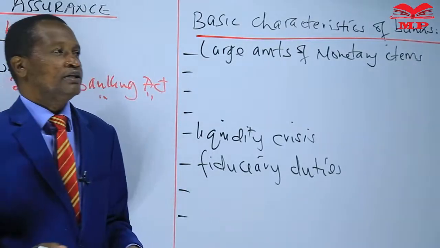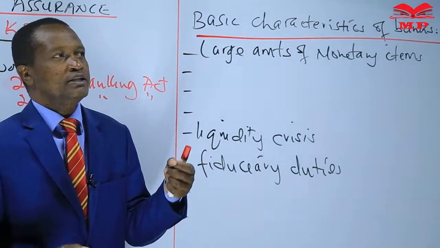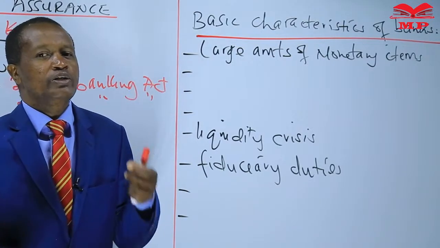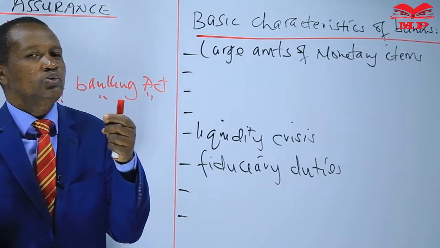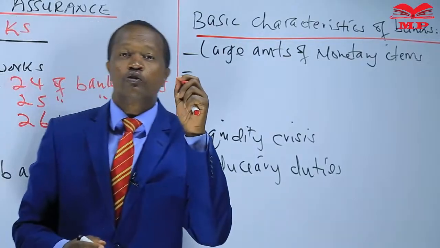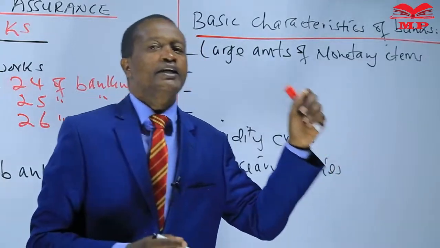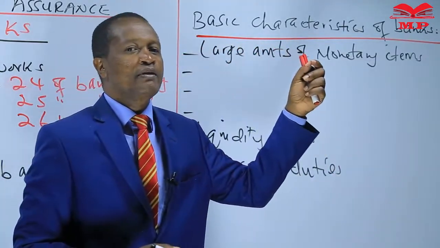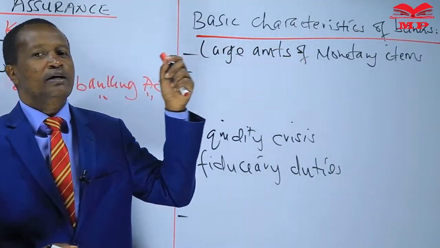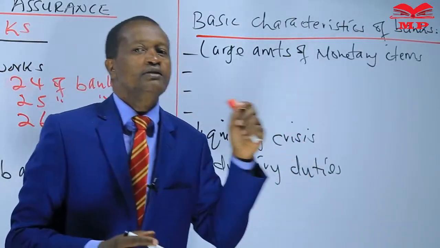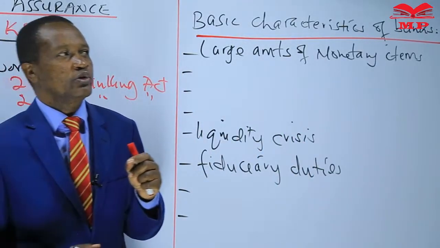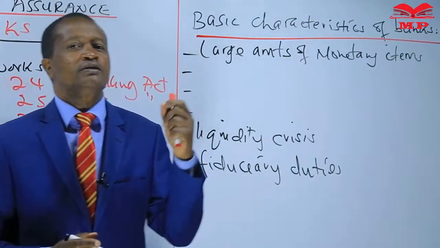Another characteristic is that banks ordinarily operate through networks of branches and departments that are geographically dispersed.